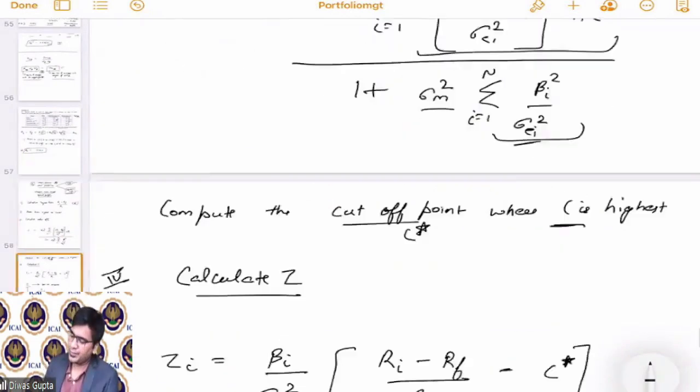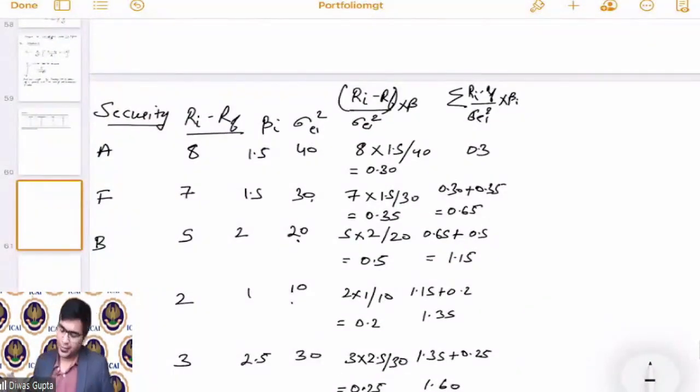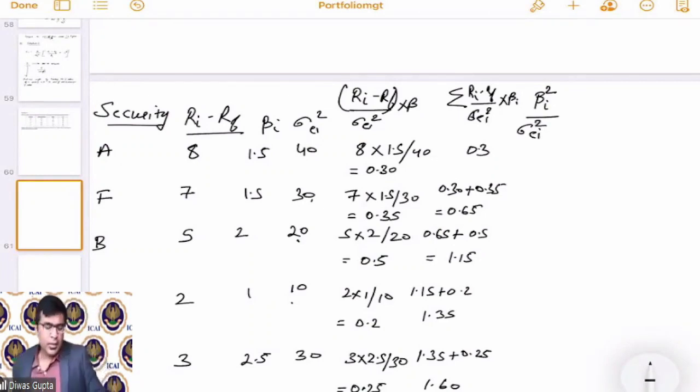So beta is given as 1.5, squared, divided by 40. So 1.5 multiplied by 1.5 divided by 40 comes as 0.056.